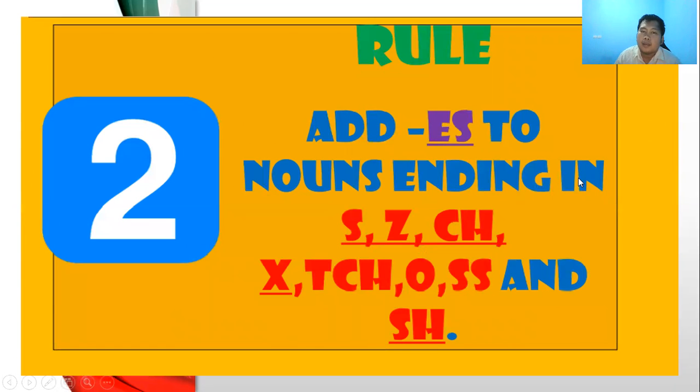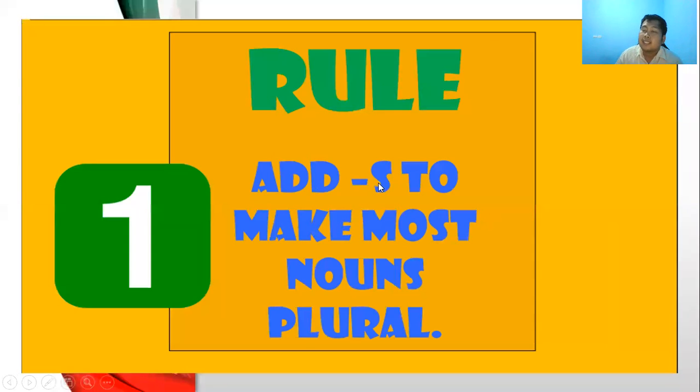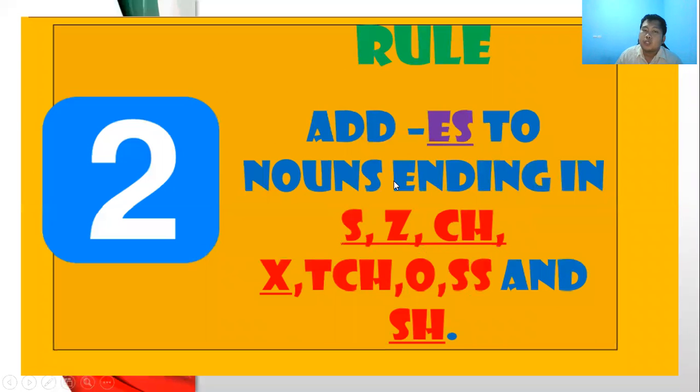What is rule number two? Rule number two, add es. Rule number one, adding just s. Rule number two, add es to nouns ending in s, z, ch, x, t, c, h, o, ss, sh.